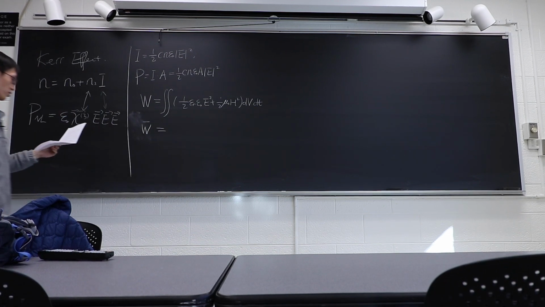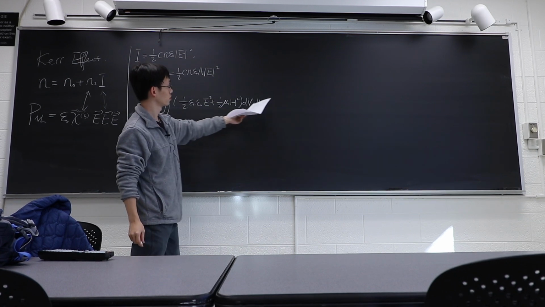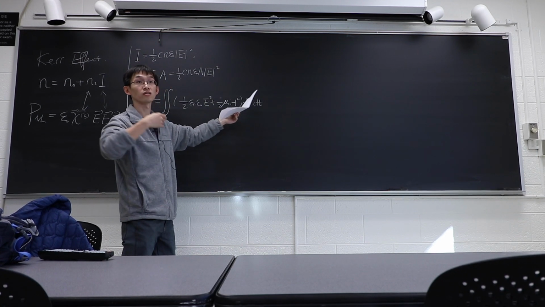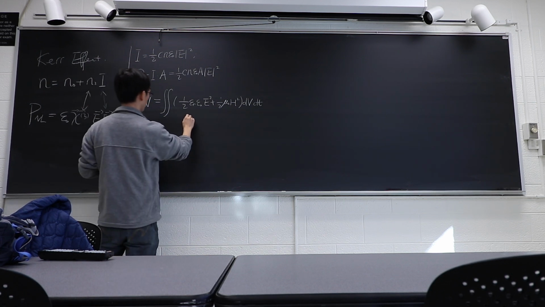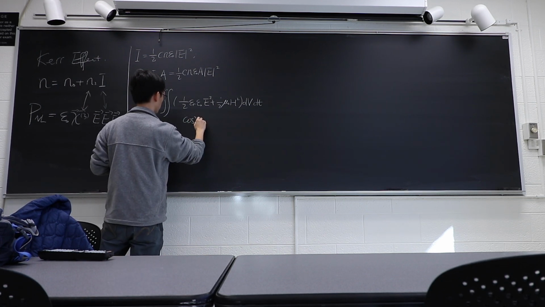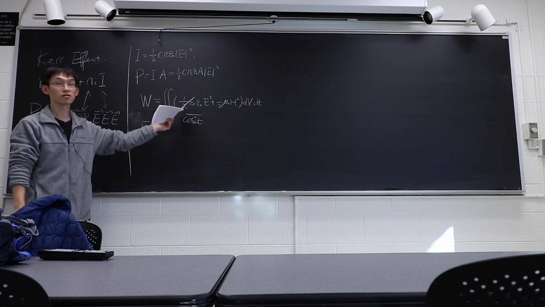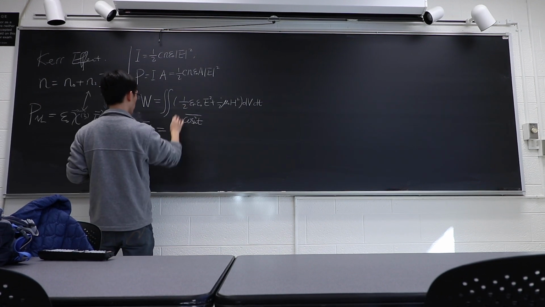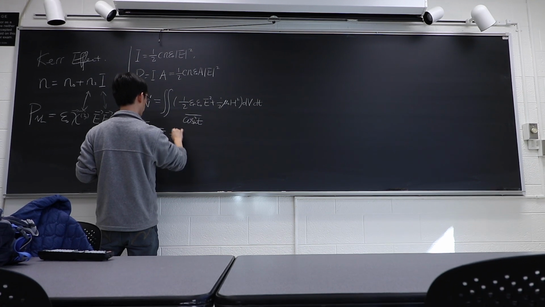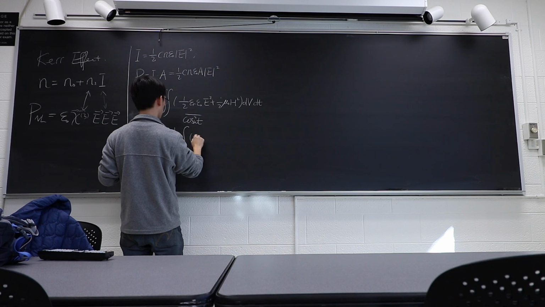And on average, because this is cosine squared integrated over a relatively long period, you're taking the average of cosine squared, so that's another half, 1/2. So this will give you 4 in the front, and that's all.